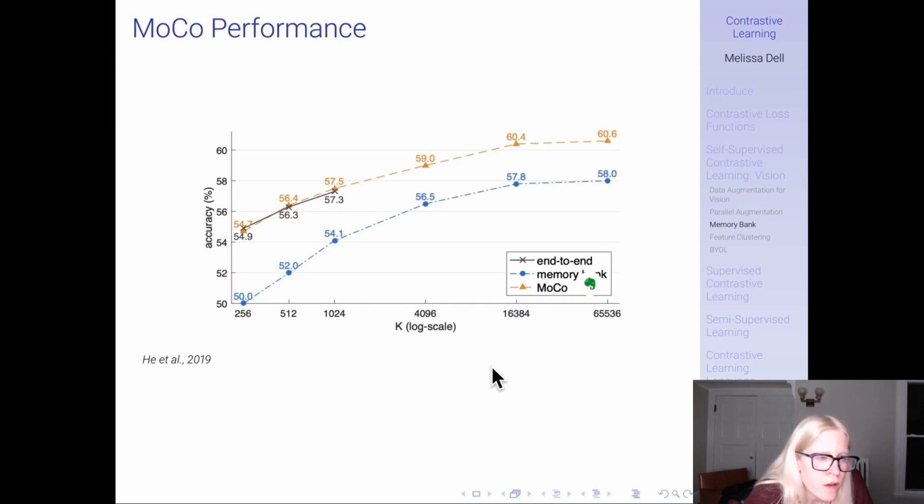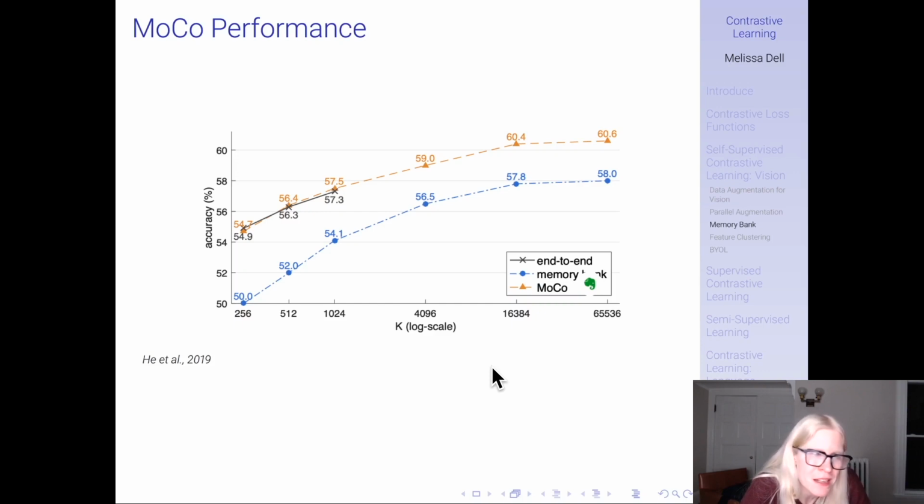And this is the performance. So on the x-axis, you see on a log scale the size of the pseudo batch that the model effectively has access to. And interestingly, they are running this on an 8 GPU machine with 32 gigabyte GPU cards. So this is a machine that might put you back the better part of $500,000 just to buy.